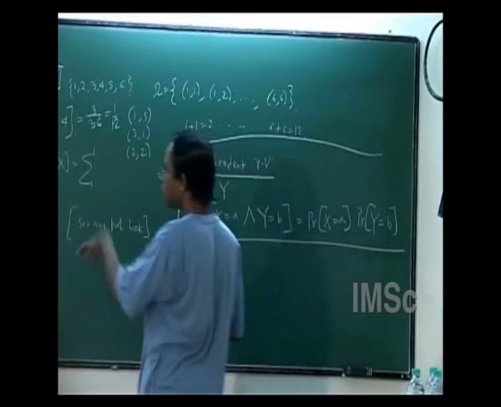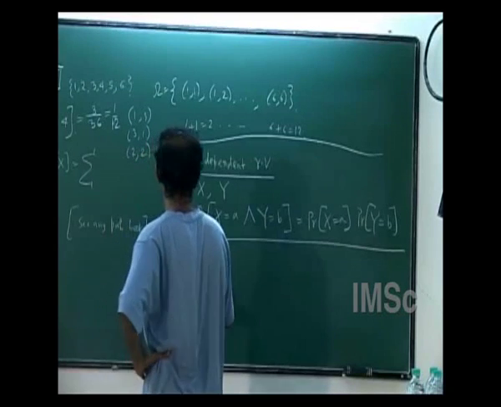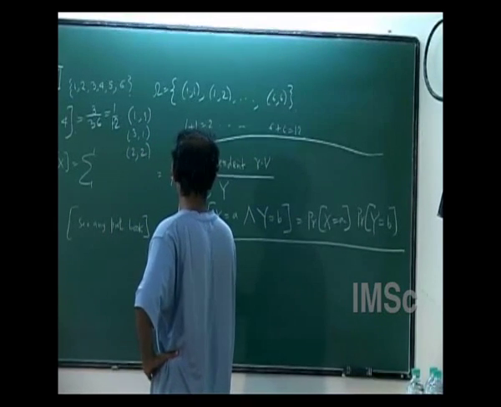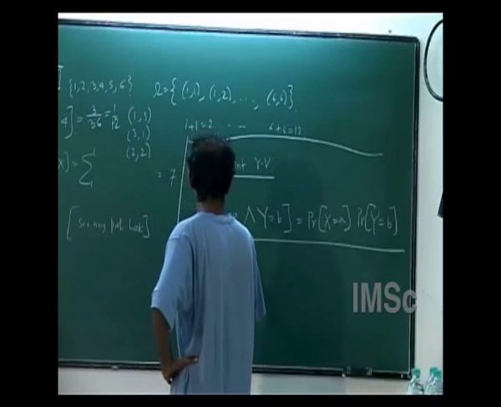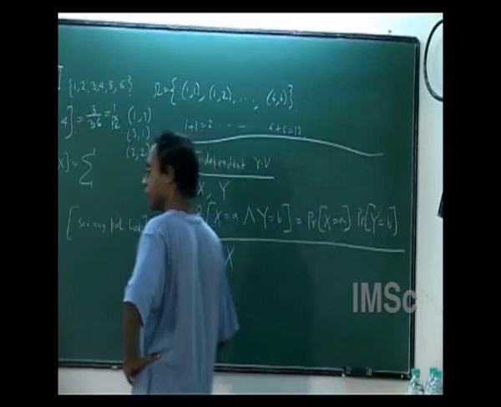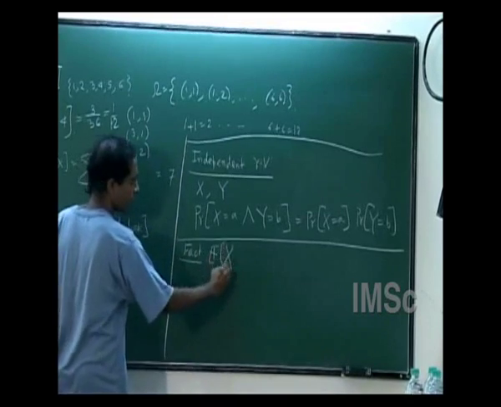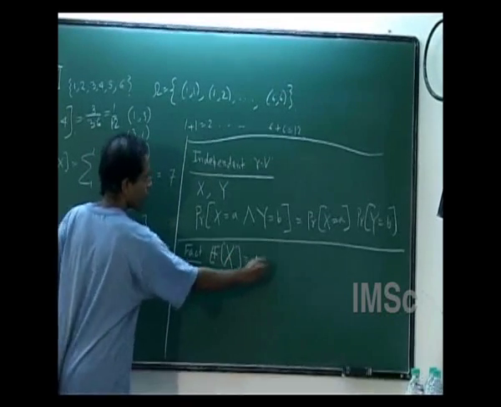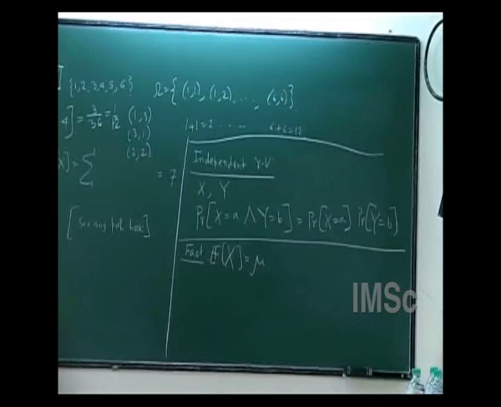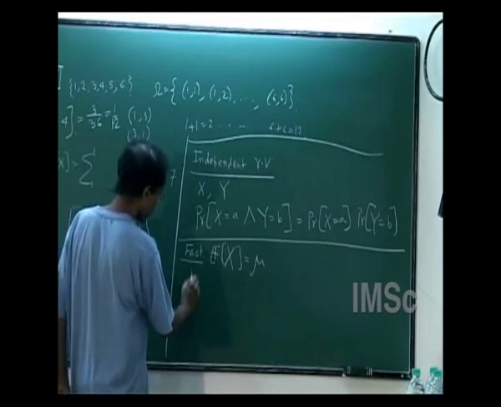Now let me close this recap by saying one simple fact, which I leave as an exercise. Suppose x is a random variable such that the expectation of x is, let's say, mu. Mu is some number. Then verify the following fact about probabilities.